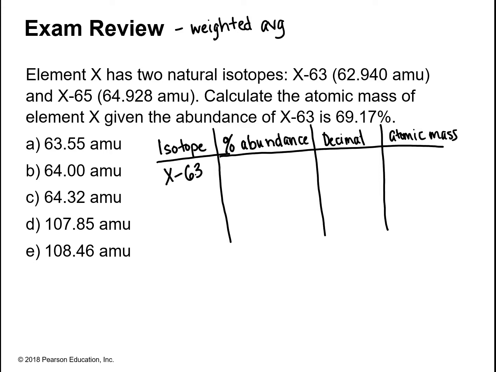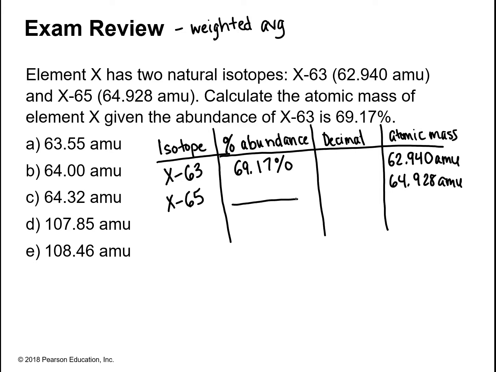Isotope X63 has an atomic mass of 62.940 AMU. And X65 has 64.928 AMU. And we're given the abundance for X63. We don't have an abundance for X65.